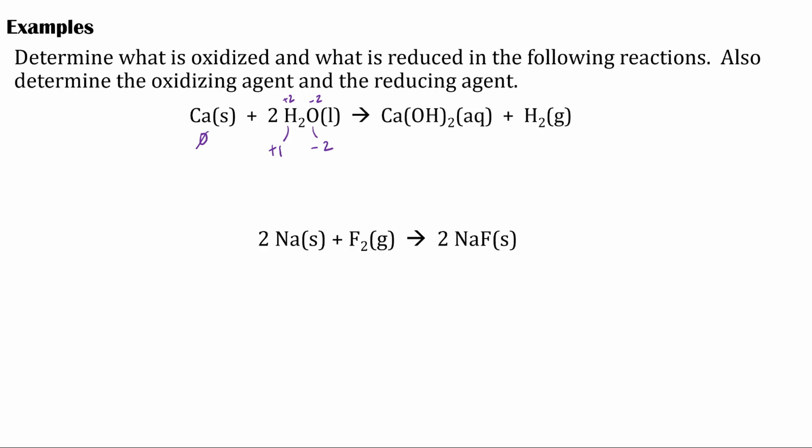Hydrogen here at the very end would have to be 0. Calcium hydroxide is an ionic compound because it's a metal and nonmetal, so we have calcium ions and hydroxide ions. Calcium would be +2, and in hydroxide, oxygen is -2 and hydrogen is +1 to get that negative charge left over.